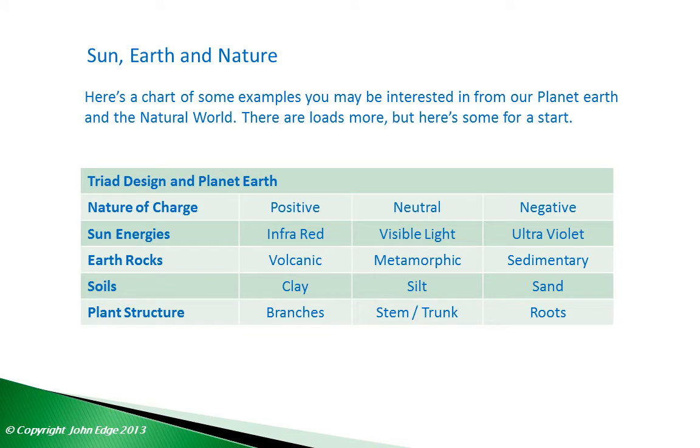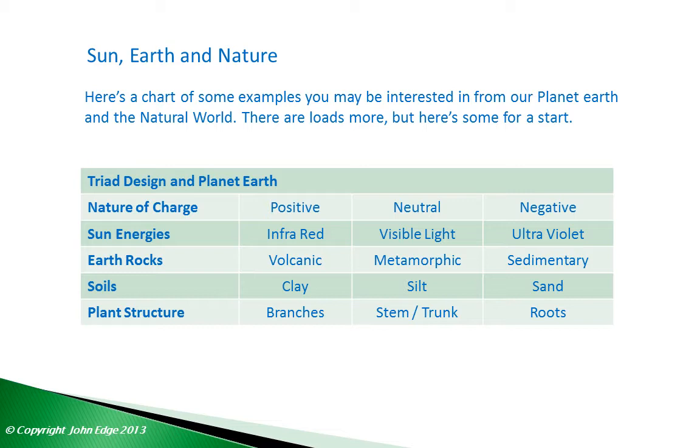So just bringing some of this together and looking a bit further at examples in nature. There are loads more, but here's just some: positive, neutral, negative we've talked about, infrared, visible light, ultraviolet. But also in the rocks of the earth, there are 3 different rocks caused by three different energy systems working in the planet.